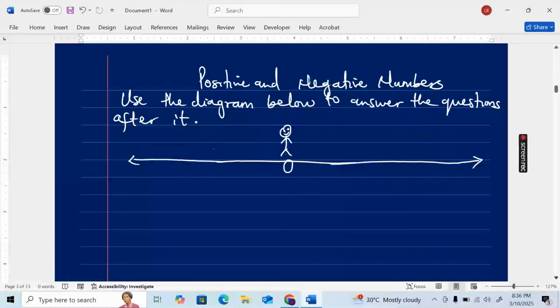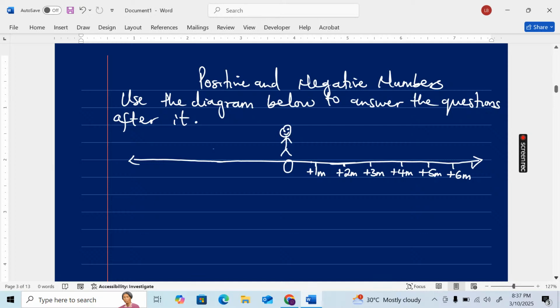On the right side of the diagram, I have some positive measurements: +1 meter, +2 meters, +3 meters, +4 meters, +5 meters, and +6 meters.